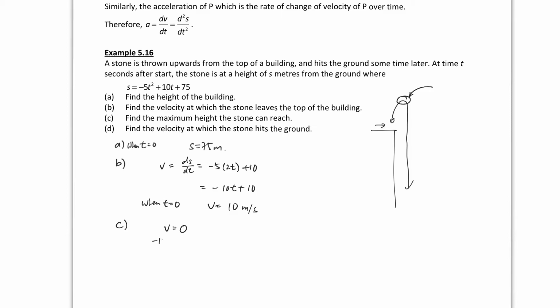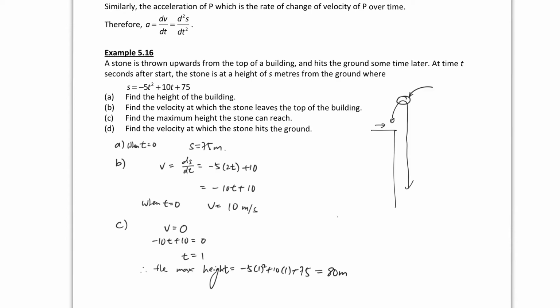That means negative 10t plus 10 is equal to 0, so t is equal to 1. So the maximum height is equal to negative 5 times 1 squared plus 10 times 1 plus 75, which is equal to 85 minus 5, which is equal to 80 meters.